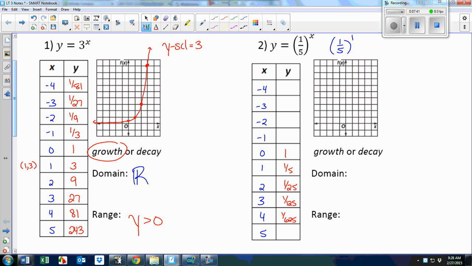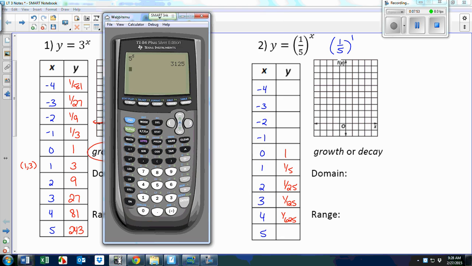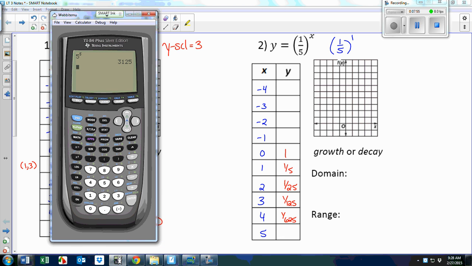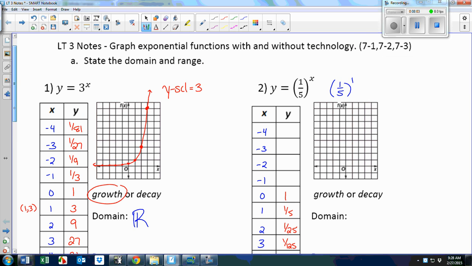I would not know what 5 to the 5th is. So I would have to take a little peek over here and do 5 to the 5th. It would be 3,125. So 1 over 3,125.